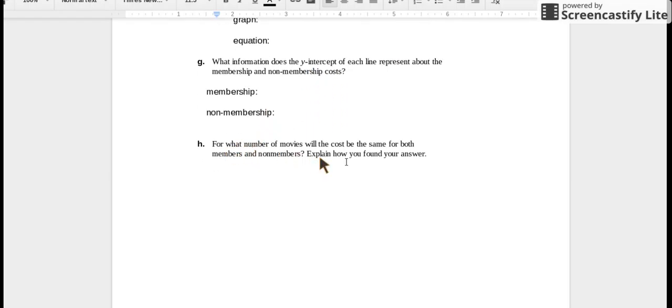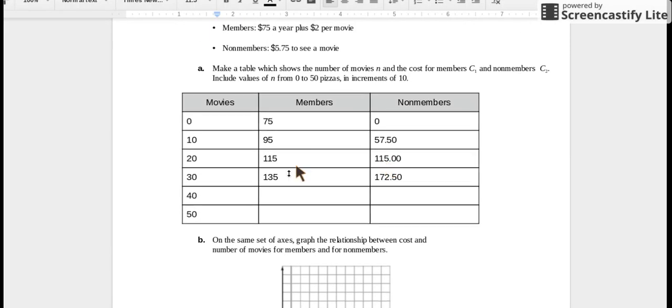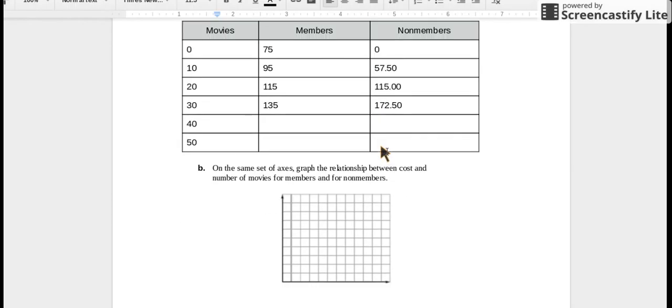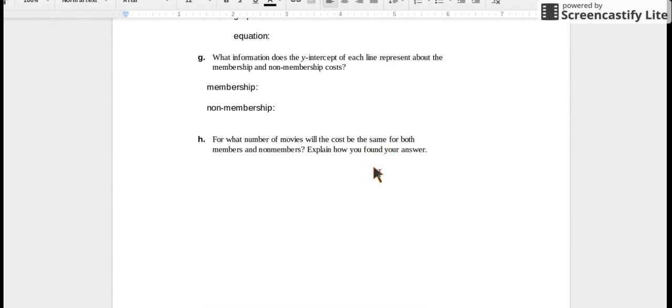And for H, for what number of movies will the cost be the same for both members and non-members? You could use your table after you fill it out to figure out when the costs are the same, how many movies that was, and that could be your explanation. Or you can actually use equations. In order to do that, you're going to need to set equations equal to each other.